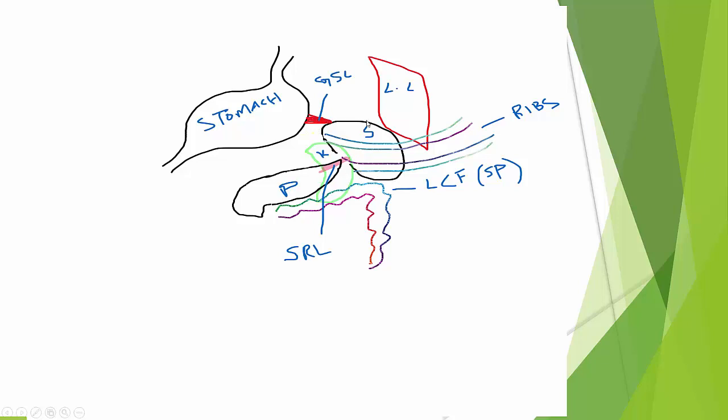So the spleen is present at the left hypochondrial region of the abdomen. Anteriorly is the stomach, posteriorly is the left lung and the 9th, 10th, 11th ribs, while medially is the pancreas and the left kidney, and inferiorly is the intestine.